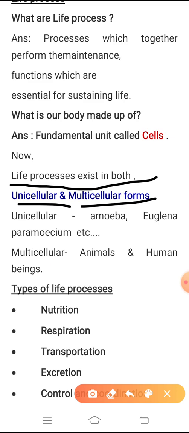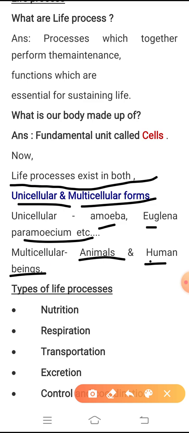Multicellular means the organisms which have so many cells in the body. For example, for unicellular, we can take amoeba, euglena, paramecium. There are so many other examples too. For multicellular, the best examples which we always talk about are animals and human beings.